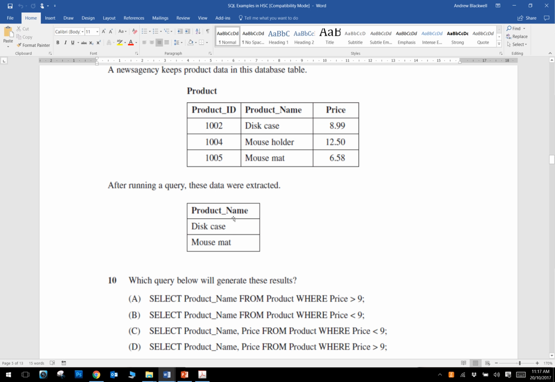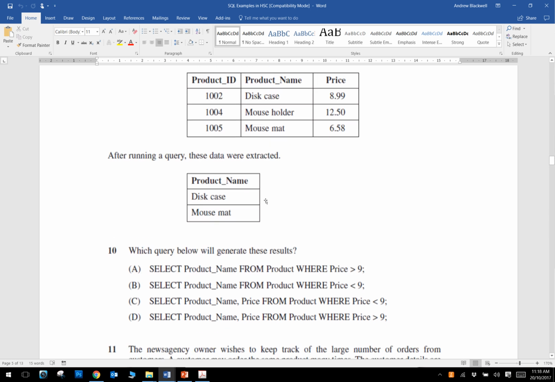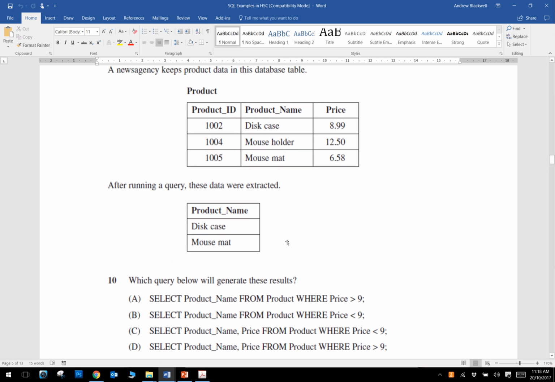The result was disk case and mouse mat. Disk case and mouse mat are under $9, and mouse holder is over $9. So what will be the query? Select product name from the product table where price is greater than 9.